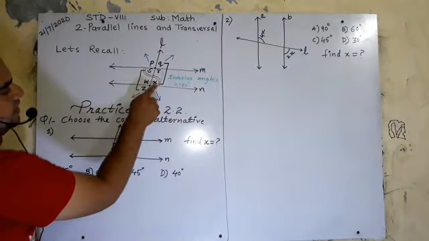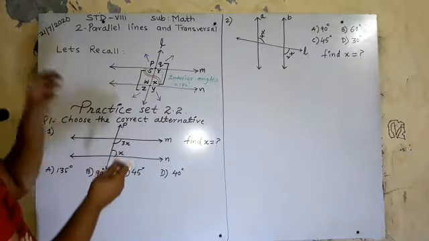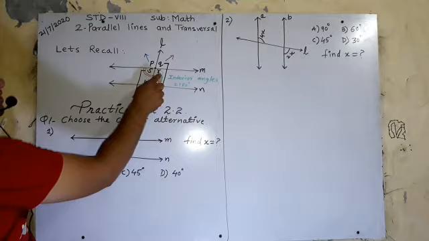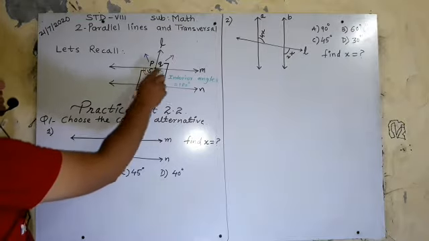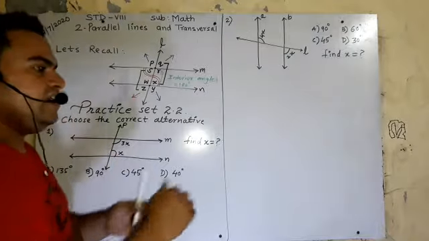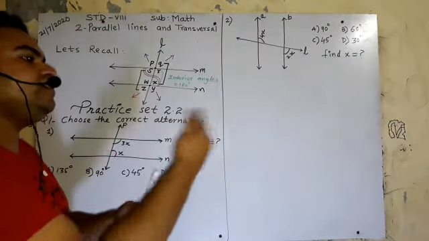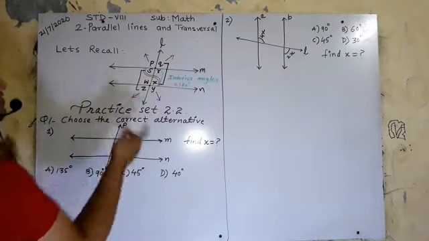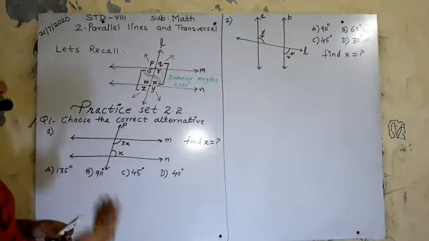Angle S and angle X are interior alternate angles. See, S, after R, after X. So it is alternate: one after three, and two after four. This is called alternate. So angle S and angle X will be interior alternate angles.